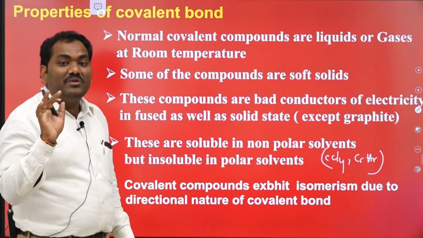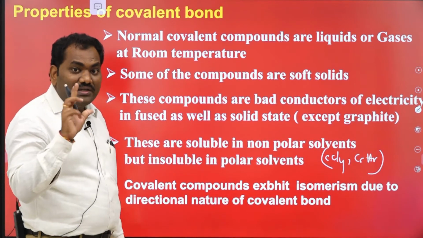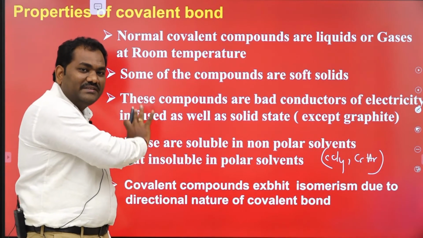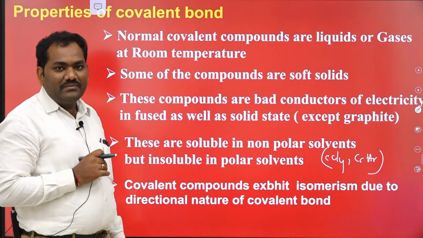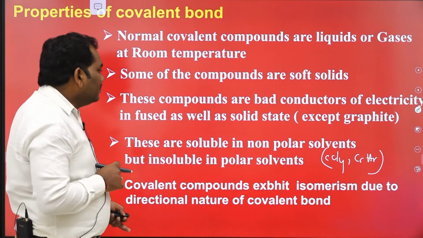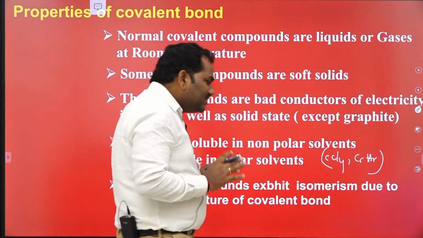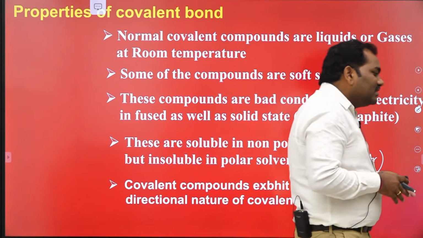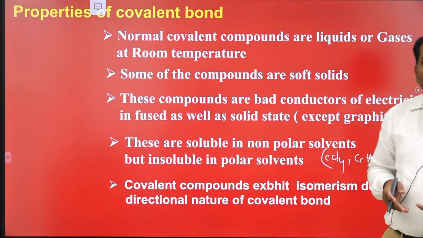Ionic bonds are non-directional, while covalent bonds are directional. It is a very important point. So covalent compounds exhibit structural as well as stereoisomerism.